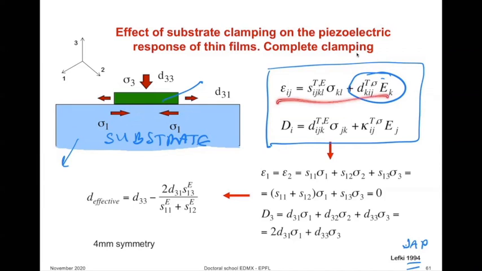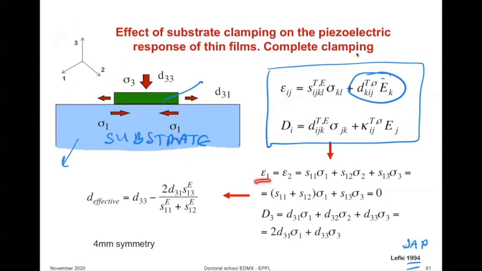So we write these two equations. Now we need the coordinate system in which we consider this. The z-axis is up, axis 3, and x1 and x2 are in the plane of this substrate. So for example, x1 will be like this, and x2 will be in this direction.